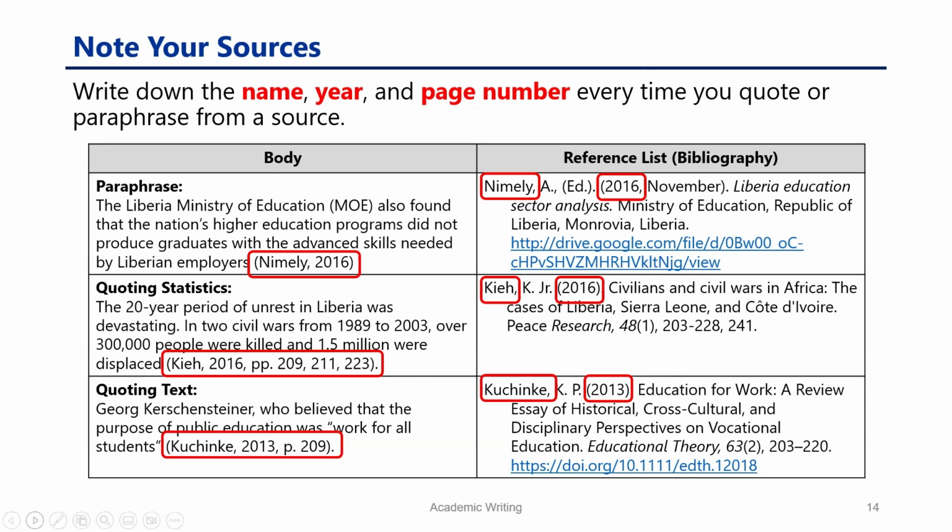Similarly, when you take a direct quote out of the text, you need to include it in quotations, as we see in the bottom row, then include the author, year, and page number. And on the right, we see the reference with the author and year.